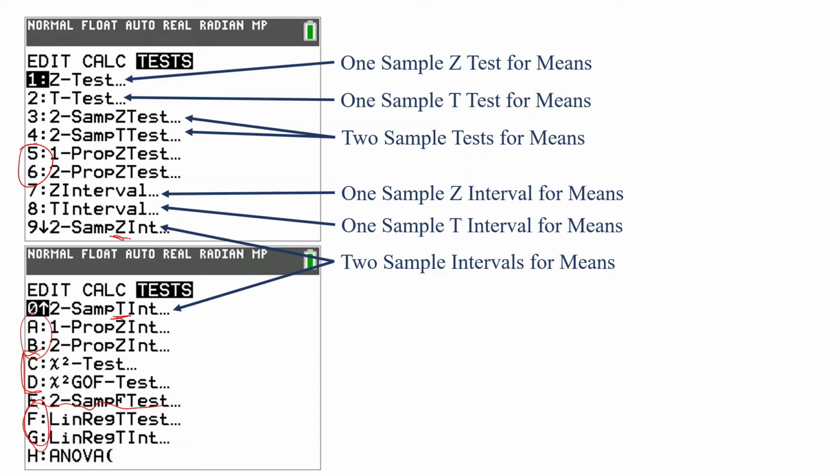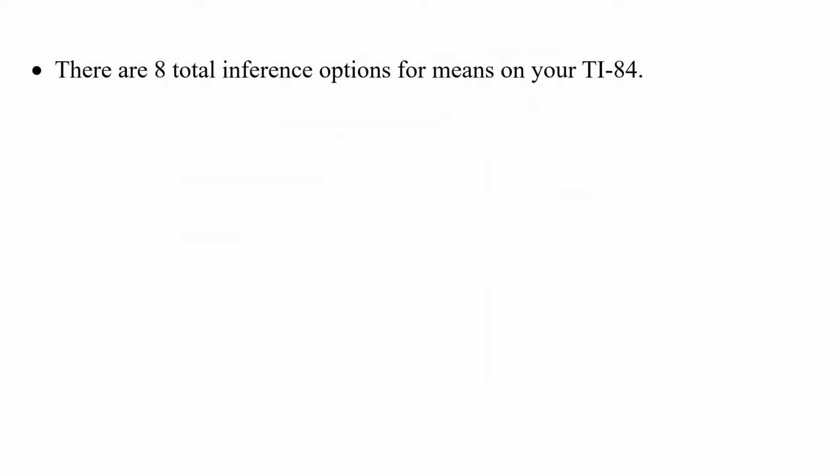And unfortunately, we do not get to H, ANOVA, for AP Statistics. So we basically are going to know every single test that's in here minus 2. So it's important that you keep them straight and organized in your mind so that you know which one to use. Okay. 8 total inference options for means alone on your TI-84.